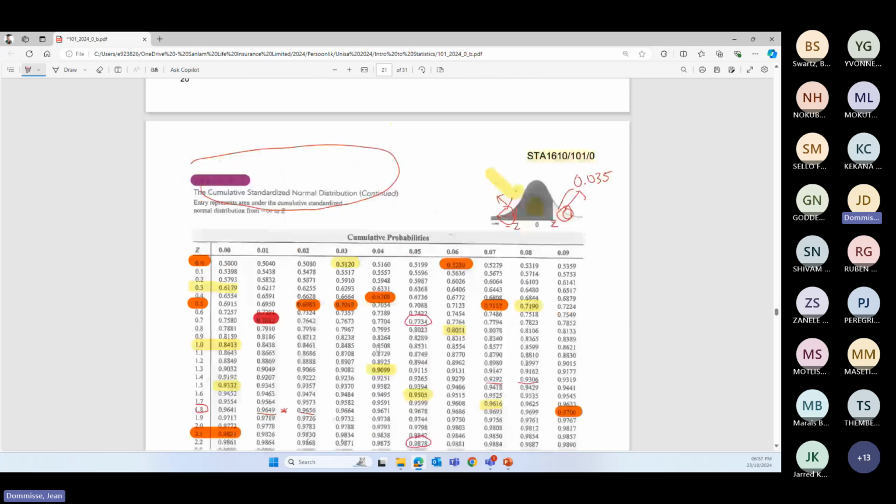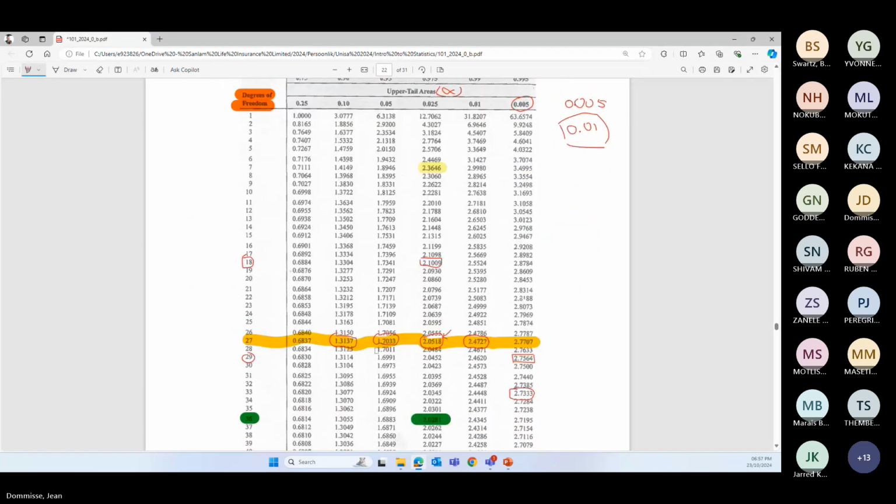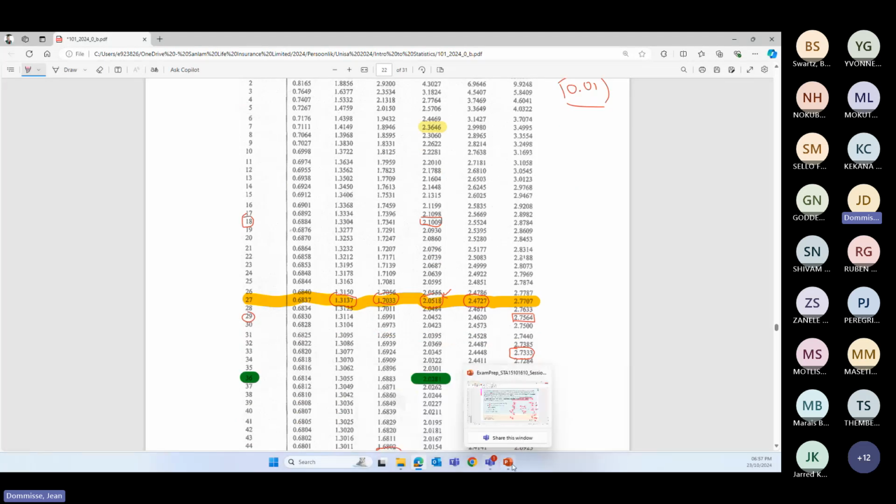So T was equal to 29. Okay, so we will be looking at those numbers.